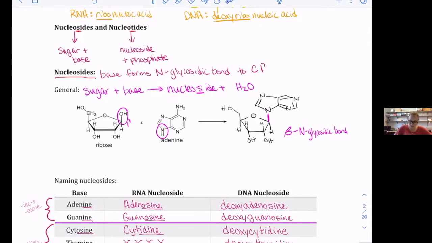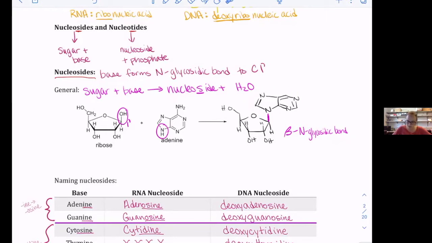So this position here, the 1' position of the sugar, interacts with the NH on the N-containing base, and it forms a beta N-glycosidic bond. So beta meaning it goes up at the C1' position, and then it's connected to that base.